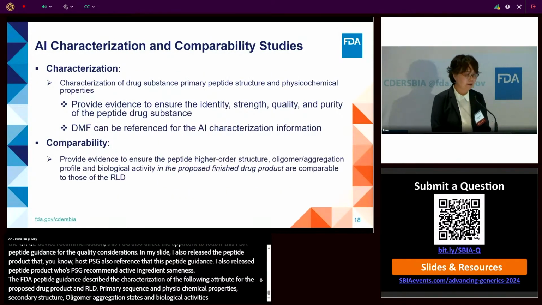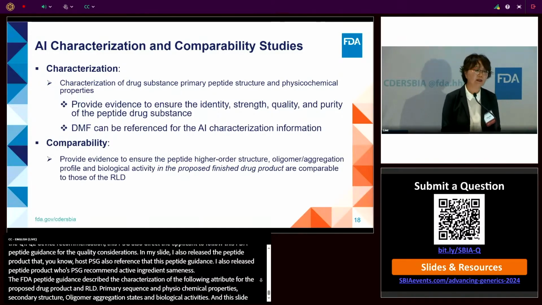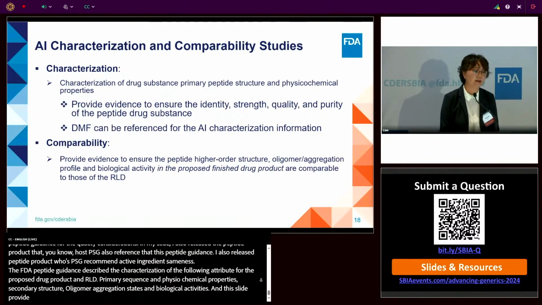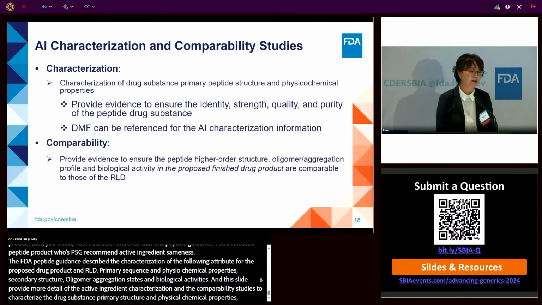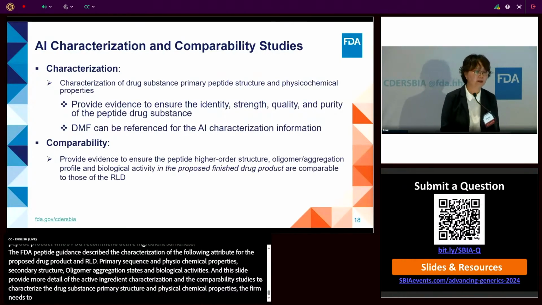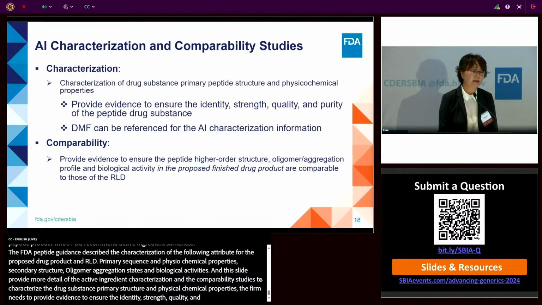These slides provide more detail of the active ingredient characterization and comparability studies. To characterize the drug substance primary structure and physical chemical properties, the firm needs to provide evidence to ensure the identity, strength, quality, and the purity of the peptide drug substance.